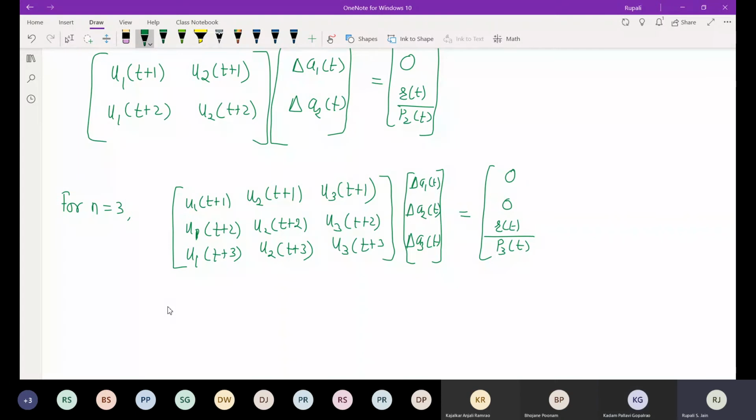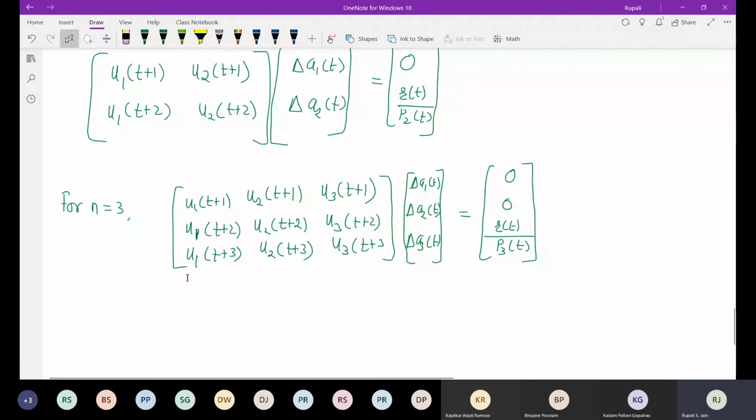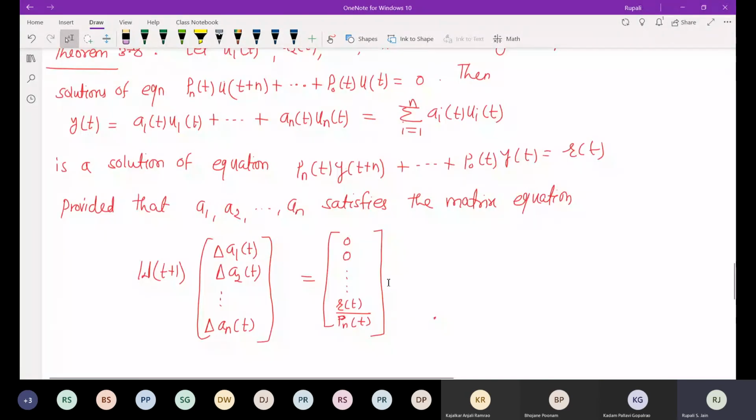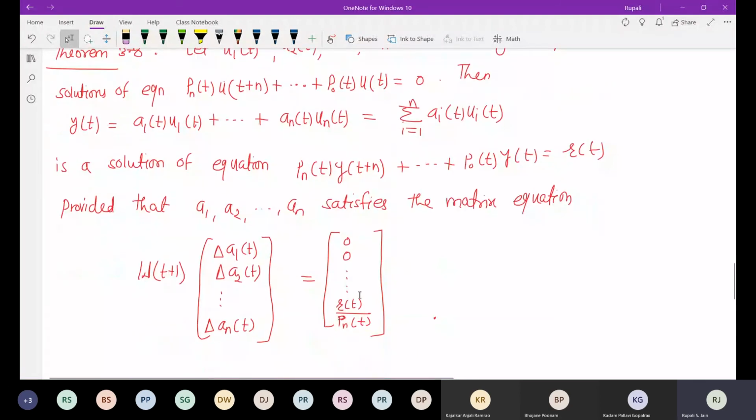Is that okay? We will have 3 equations in 3 unknowns. That will be this matrix form, and so on. So the theorem we can write like this. Is that okay?